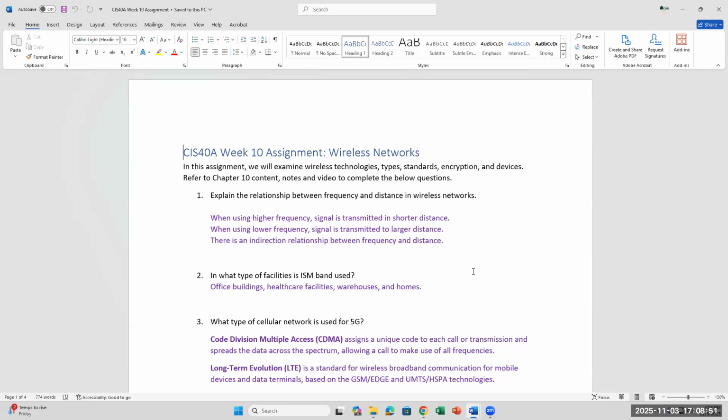So we can relay the signal further if you are using higher frequency and need to go a longer distance. That means we have an inverse relationship between distance and frequency, right? When your frequency is high, your distance is low. When your frequency is low, your distance spans longer.